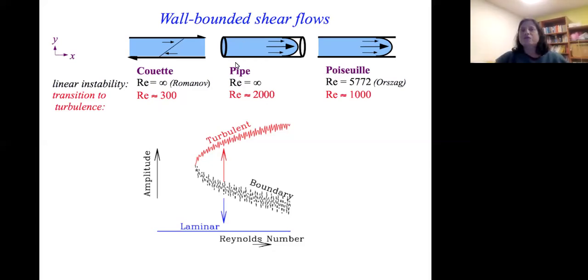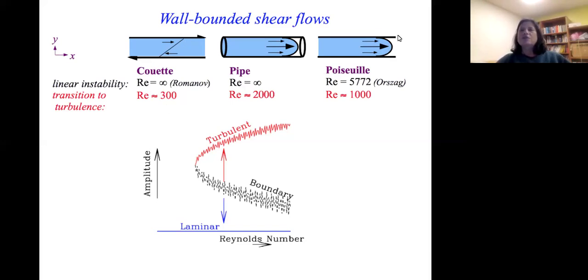And then there's pipe flow, where you have a pressure gradient that pushes the fluid. Poiseuille flow has the same geometry as the Couette flow. It has two infinite parallel plates, but now it's the pressure gradient, as for pipe flow, that is pushing the fluid, unlike plane Couette flow, where the fluid is put into motion by the shear with the plates. The plates are moving, and therefore that makes the fluid move.